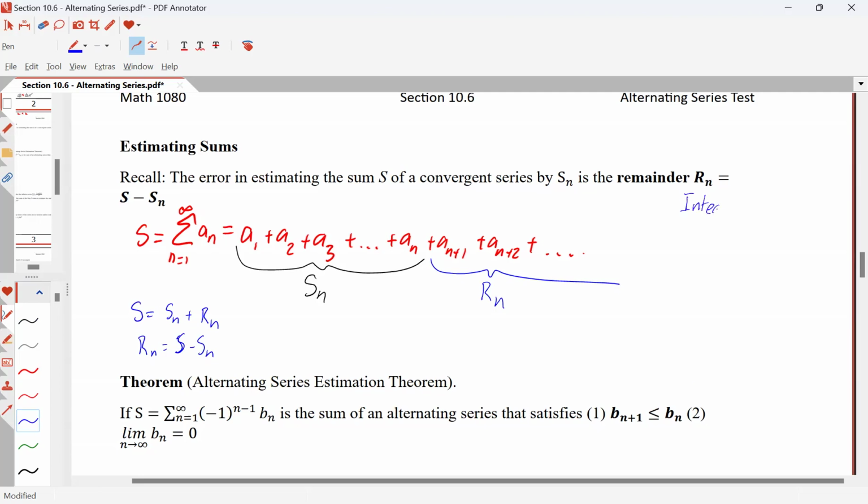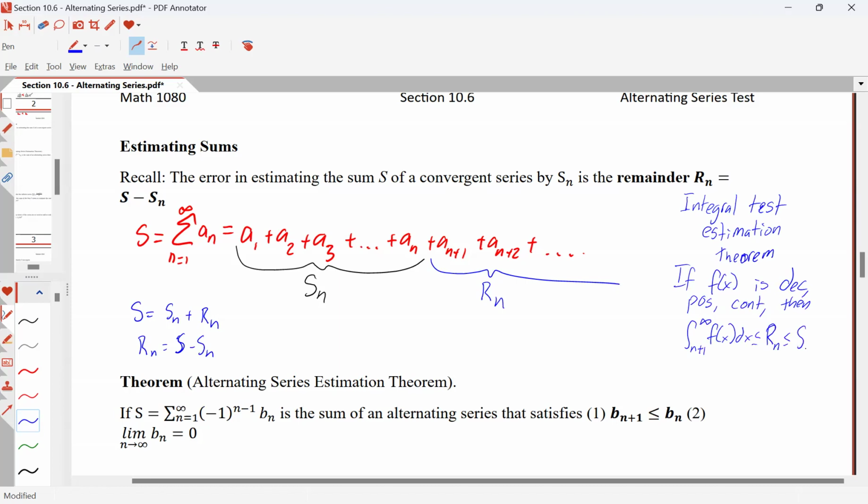We have one for the integral test, which said, if we have a function that is decreasing, positive, and continuous, then the remainder of the series is between two integrals.